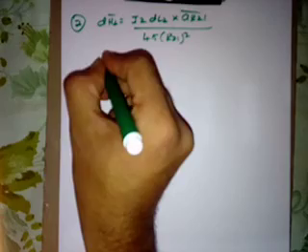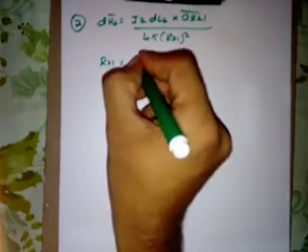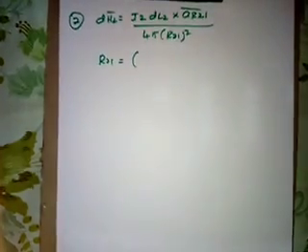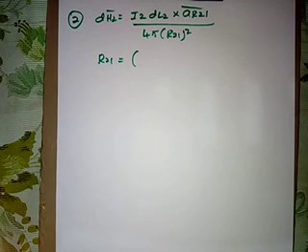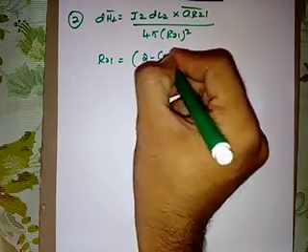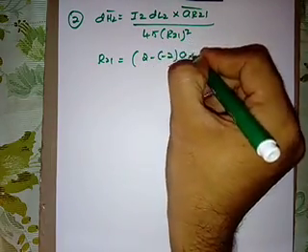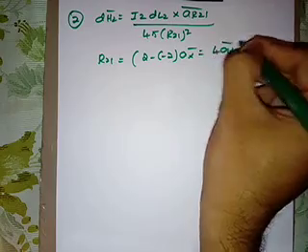Now what is R21? R21 is 2 to 1, the source is the second element and the destination is the first element, so destination minus source. The first is 2 comma 0 comma 0, so first minus second, 2 minus of minus 2 Ax bar, so this will be 4 Ax bar.